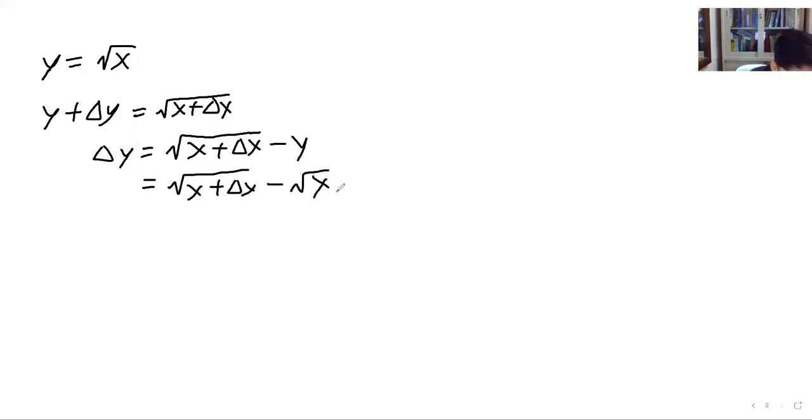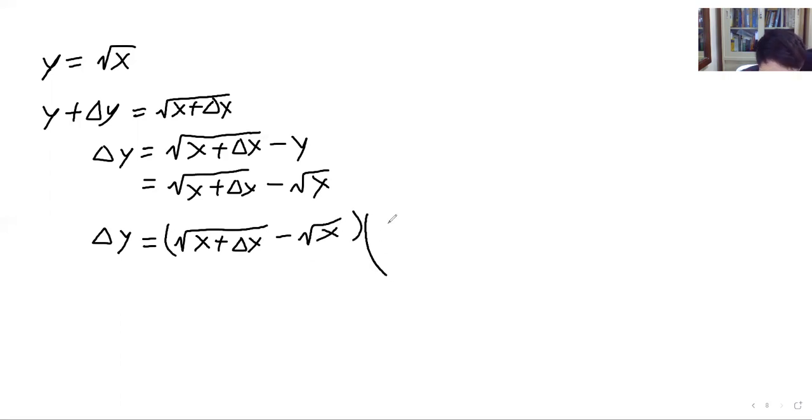Okay, so what do you do now? You may think, how do we simplify this? It's possible to simplify this and use conjugates. So this will be equal to, multiply everything by its conjugate.